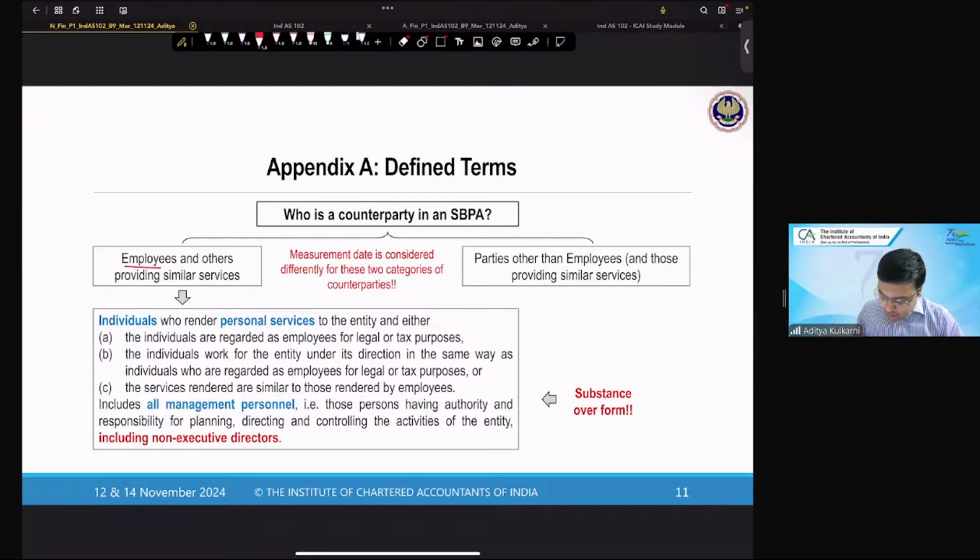One is employees and others providing similar services. Second is parties other than employees and those providing similar services. Can somebody tell me who comes under the category of others providing similar services? Yes, one is employees. But who could be other than employees providing similar services?